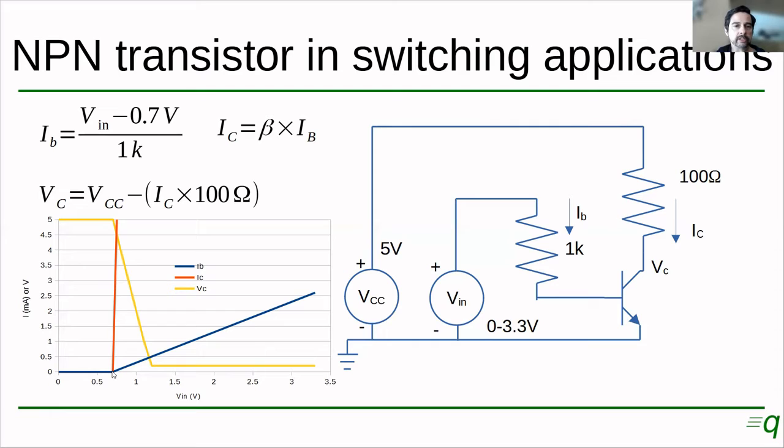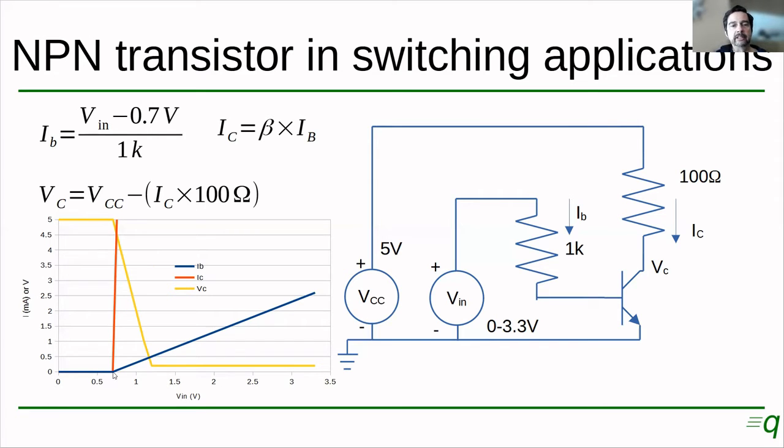So it starts at 0.7, and when we increase 1 volt, we are at 1.7, and the current is here about 1 milliamp, okay? So the slope of this one is 1 kilo ohm. We increase from this point 1 volt, and the current increases 1 milliamp.